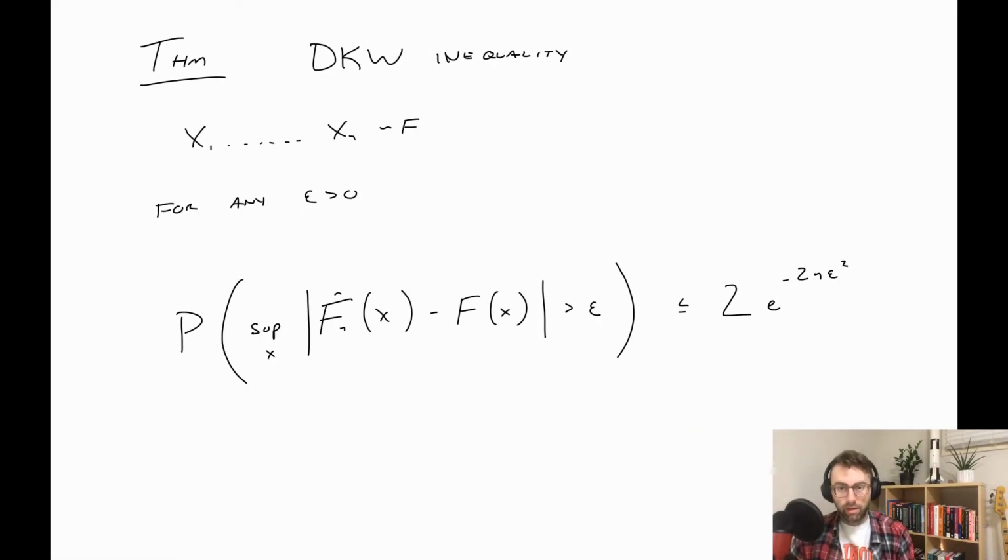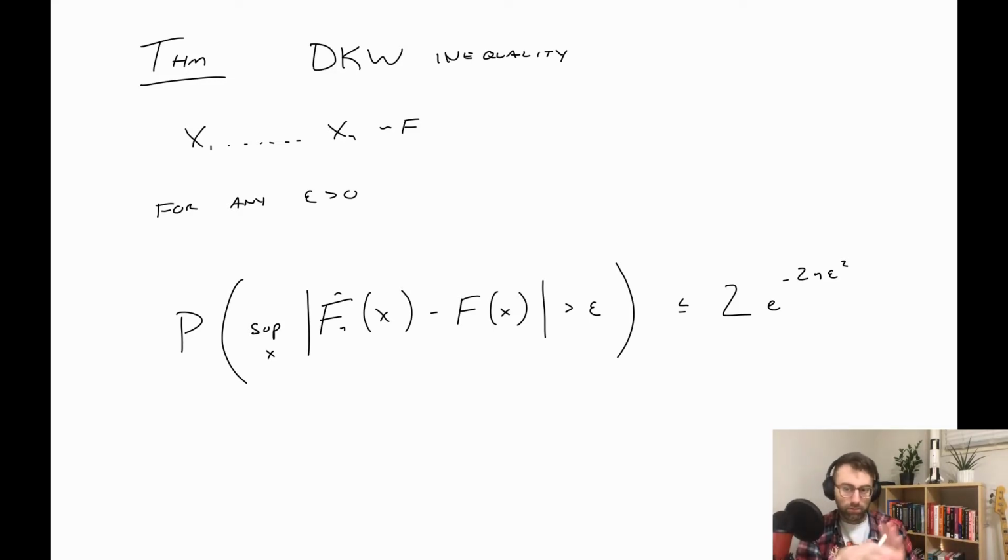Next, we have the DKW inequality. D, K, and W are three names that I'm not even going to attempt to write because I will not only mispronounce them, I will also misspell them, but it's in the book. So this, again, in the usual setup says, if we have some epsilon bigger than 0, then the probability that the biggest possible difference between the empirical and the true being bigger than some possibly arbitrarily small epsilon is bounded above by this thing.